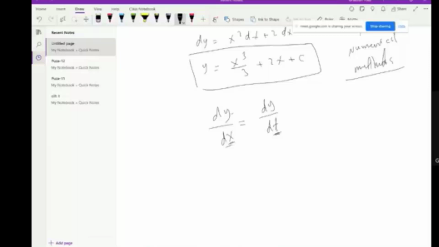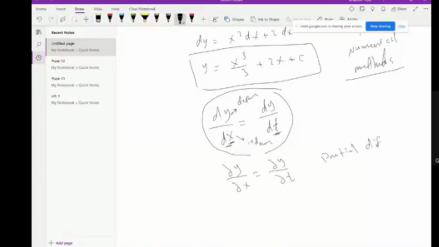Sorry, this is independent, this is dependent. We write this as partial y over partial x equals partial y over partial t. This is named a partial differential equation.